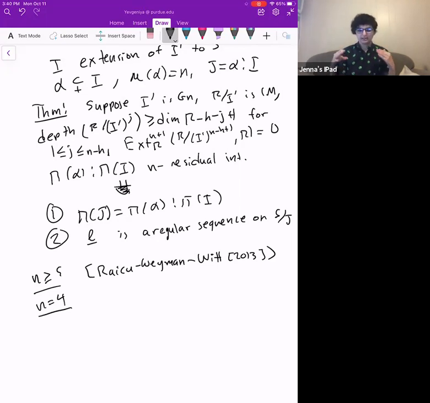We actually can't get that this Ext is equal to 0, so we reprove it and we actually have to compute Ext. So we use, again, Raicu, Weyman and Witt from 2013 to make certain Ext zeros.